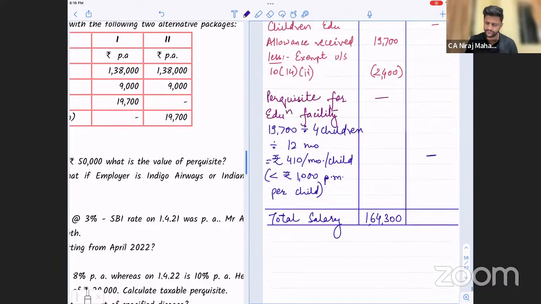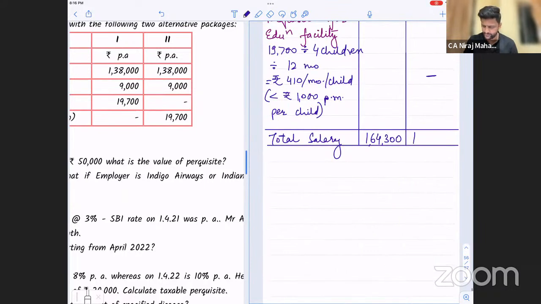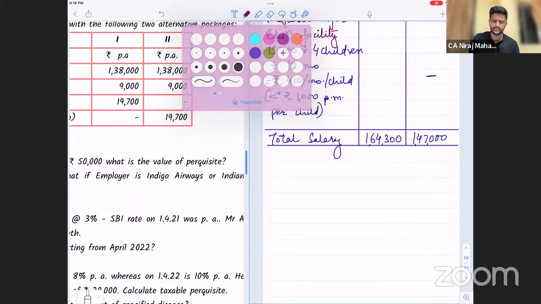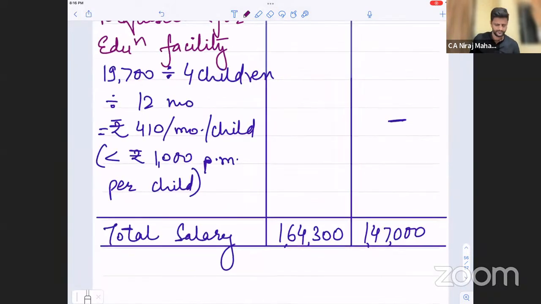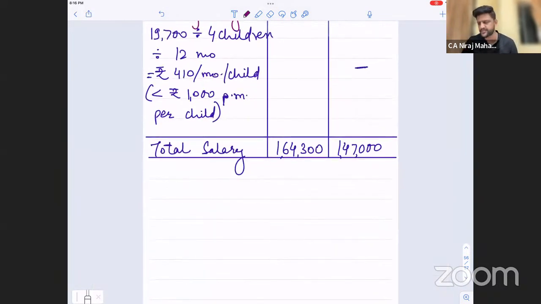And the second case is how much? 147, correct. Which one will be simpler for him? Wherever the income is less, that is much preferable to him. Write down the conclusion.